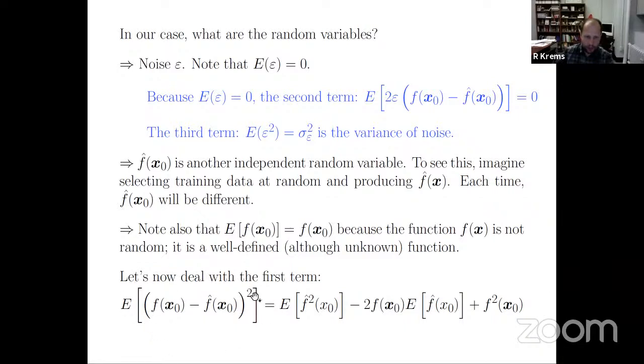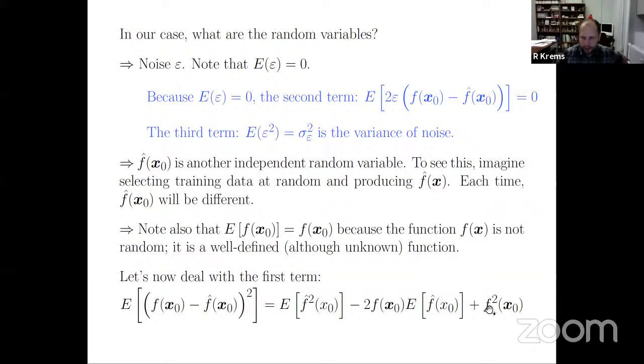We're just going to expand the square and write it as this term minus 2 times this term. You see, I took f of x naught outside of the expected value because this is not a random variable. It's a function that we don't know, but it's a well-defined function.